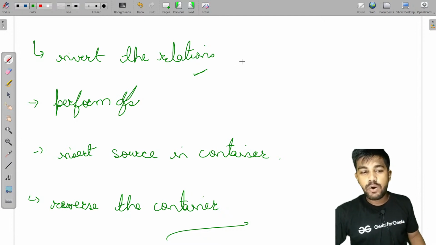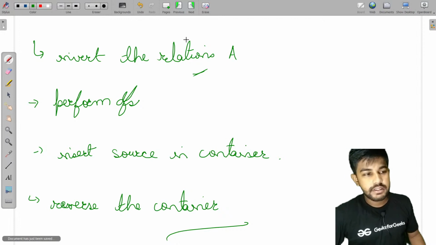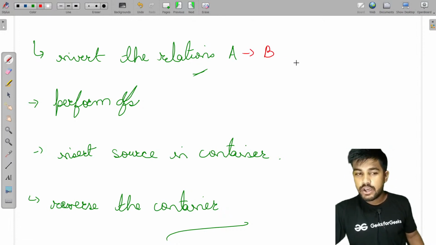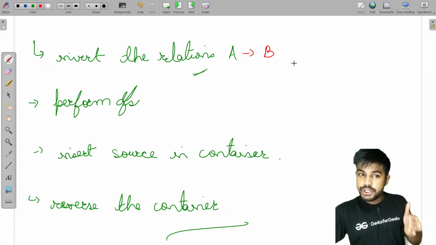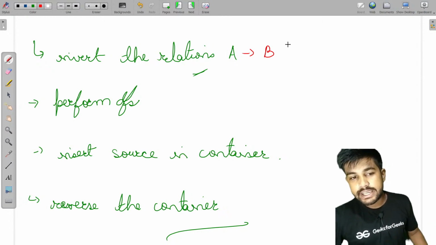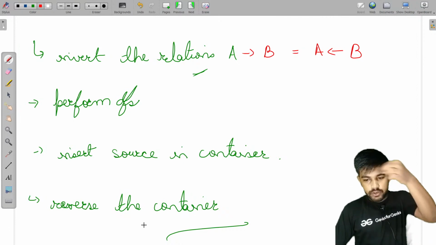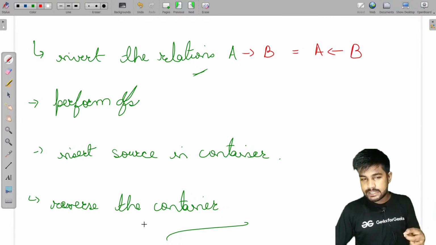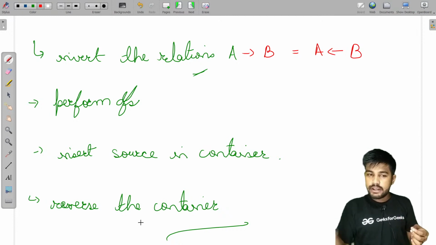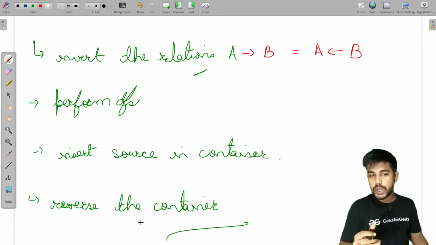Now, if there was a relation of A to B already in the graph and you need to perform topological sort on it, you need to convert it to B directed to A. Just invert the relation. In a directed graph, if it was a path from A to B, make a path from B to A.